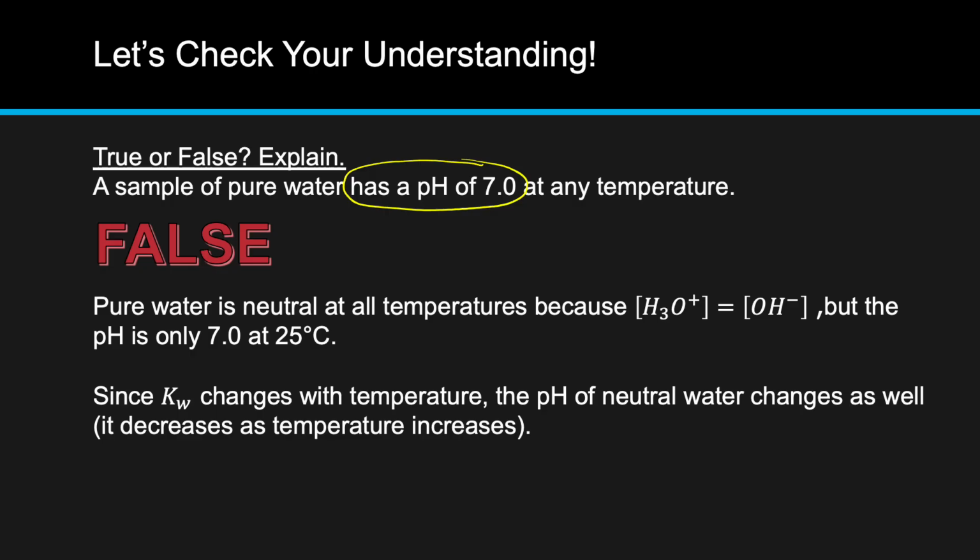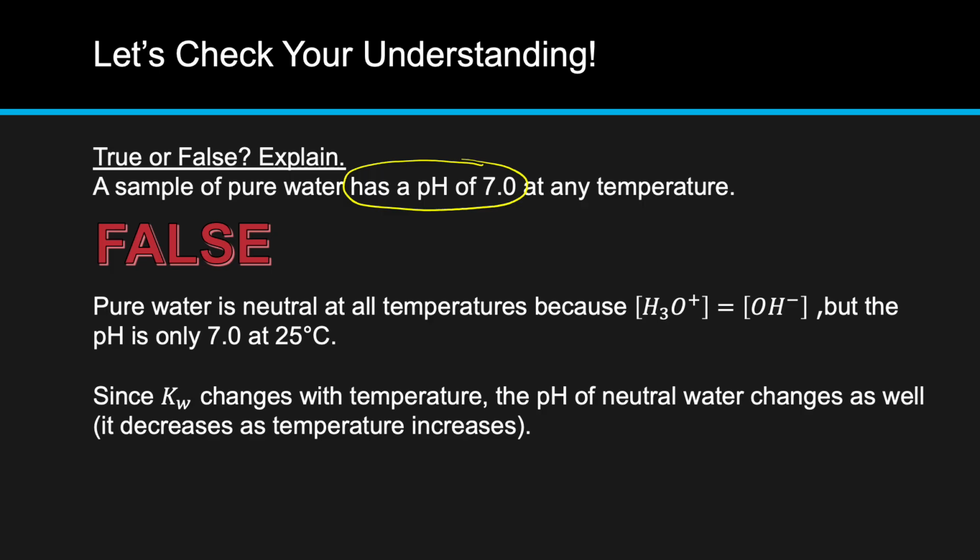So pure water is always neutral because the concentration of H3O plus is always equal to the concentration of OH minus. However, that doesn't mean the pH is always the same. So if we have a pH of 7, that means our water is at 25 degrees Celsius. If we change that temperature in any way, then our pH is going to change.